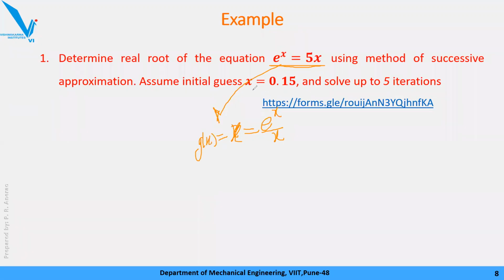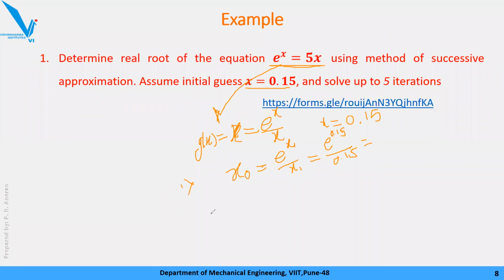The initial guess is given, x equal to 0.15. Okay, there is no need to check for convergence, directly you can use it. So x0 is equal to e raised to x1 divided by x1. Use your calculator. e raised to x1 is 0.15, divided by 0.15. Okay, you will get some value. This is your iteration number 1.